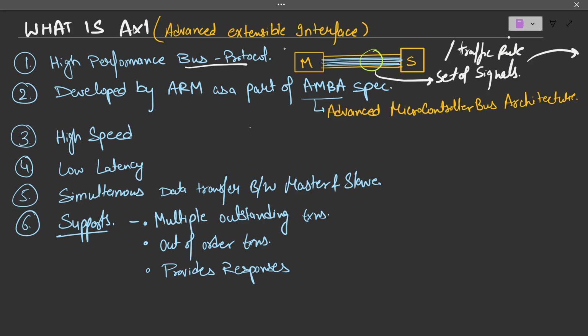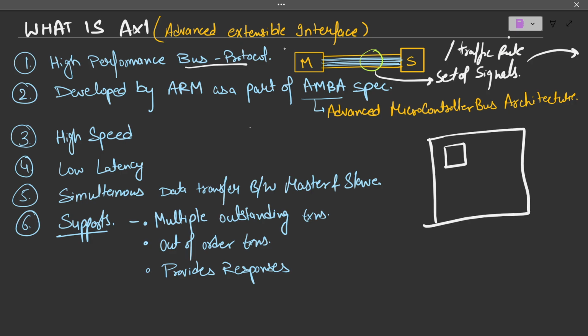It is developed by ARM as a part of ARM specs. AMBA stands for Advanced Microcontroller Bus Architecture. So what ARM deals with is, whenever you are having one SoC, or in simpler words, let us say you are having a CPU architecture.